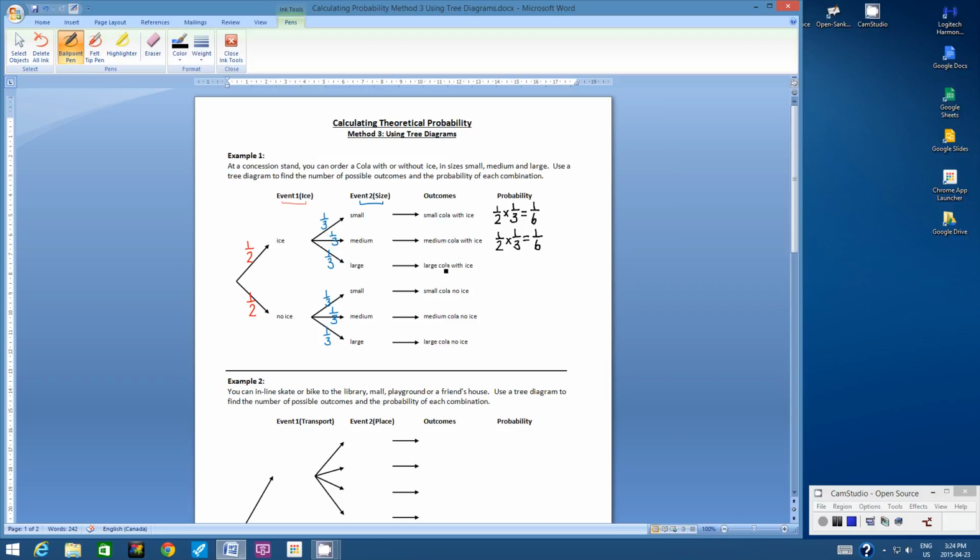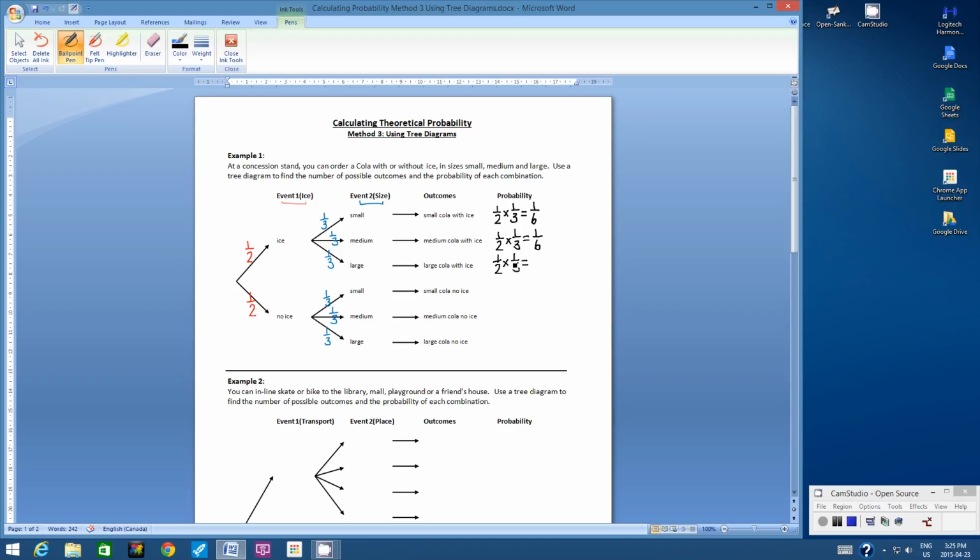Okay, let's look at the next outcome. Large cola with ice. So again, we're on the ice main branch here, main stem. So that fraction is 1/2 times, and then if we go down the branch that has large, we have 1/3. So let's write in 1/3.